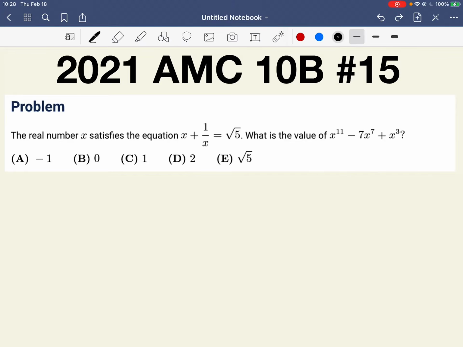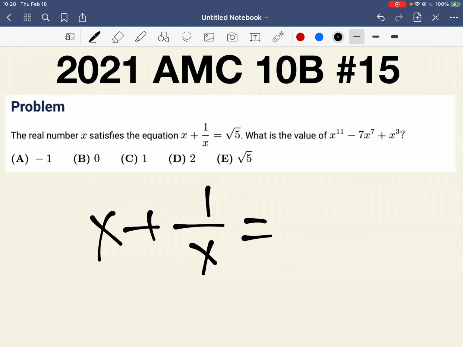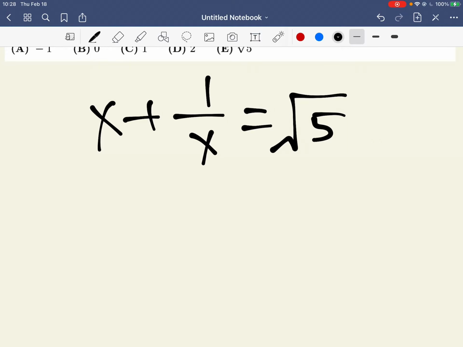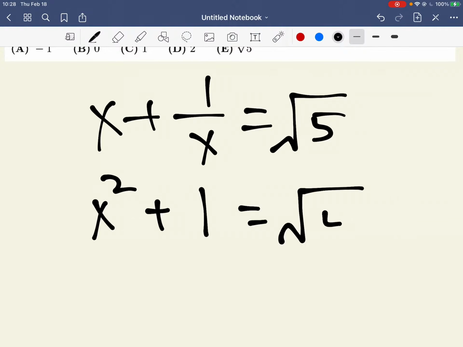It gave us that x plus 1 over x is equal to square root of 5. In this equation, we can square both sides to get x squared plus 1 is equal to square root 5x.